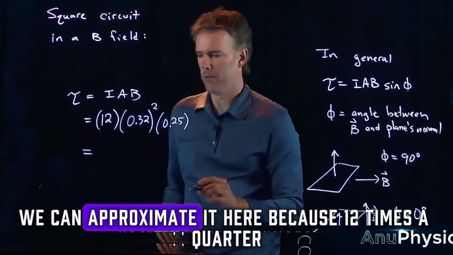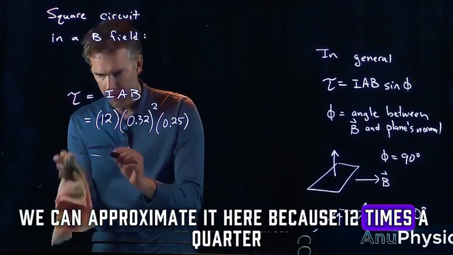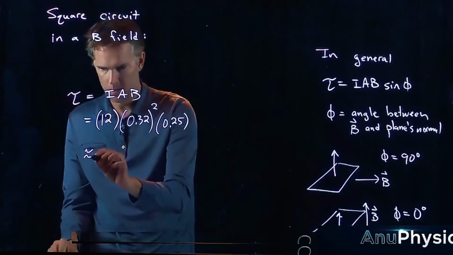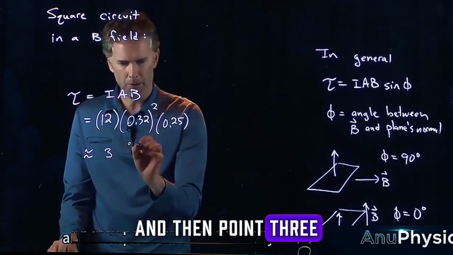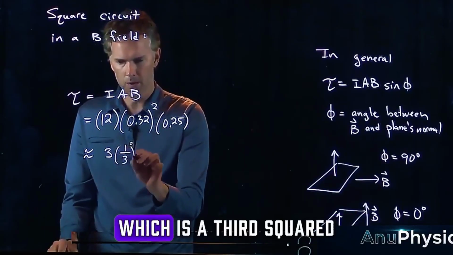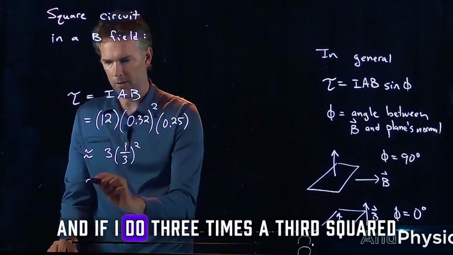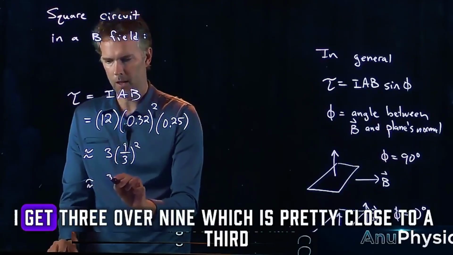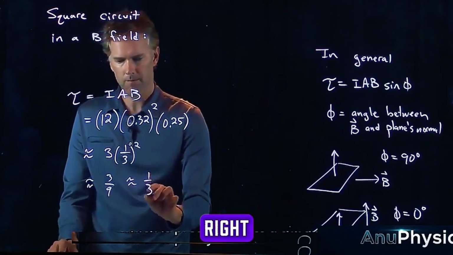We can approximate it here because 12 times a quarter is 3. And then 0.32 is really close to 0.33, which is a third squared. And if I do 3 times a third squared, I get 3 over 9, which is pretty close to a third, right?